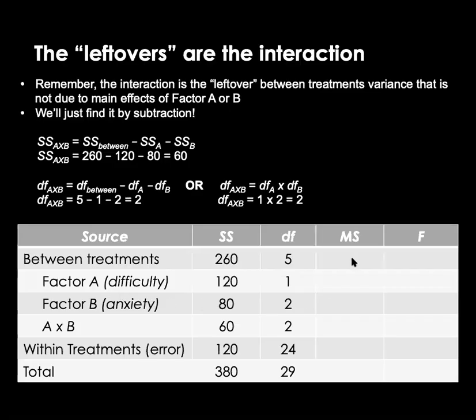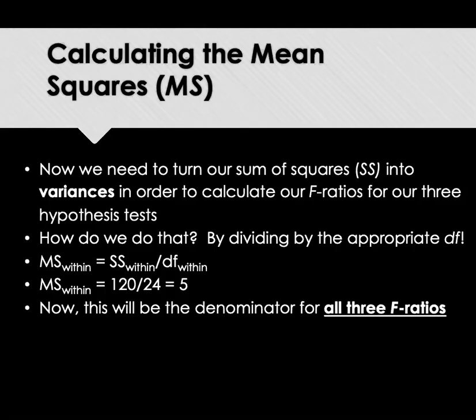Mean squared within, which is going to go right here, comes from 120 divided by 24, and that equals 5. Recall that the mean squares for the within variance is going to be the denominator for all 3 F ratios.